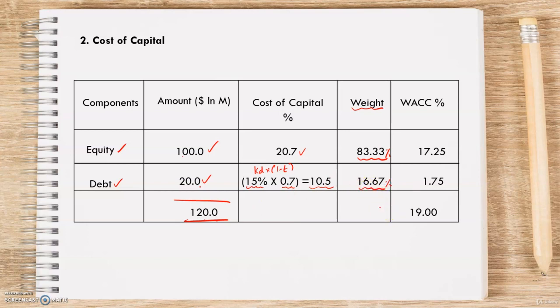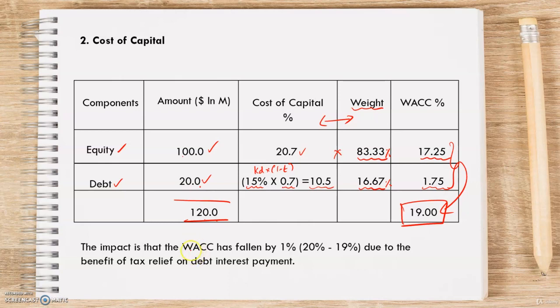So now if you want to know the weighted cost of capital, take this cost of capital and multiply with weight. 20.7 into 83.33% will give you 17.25, and 10.5 into 16.67% will give you 1.75. Add these two, what you get is 19%. So what happened to your cost of capital? Cost of capital has come down. The impact is that the weighted average cost of capital has fallen from 20% to 19%. And why? This is mainly because of the tax relief on debt interest payment.